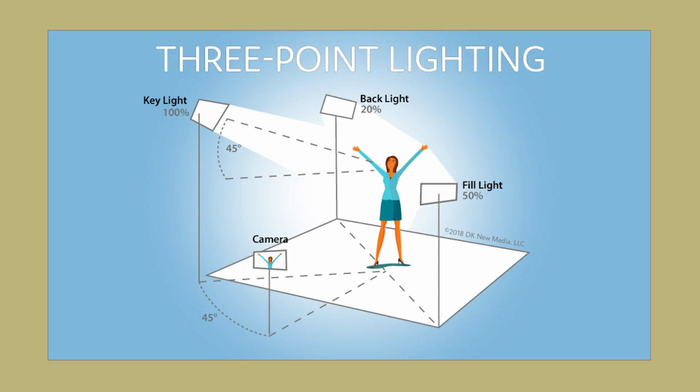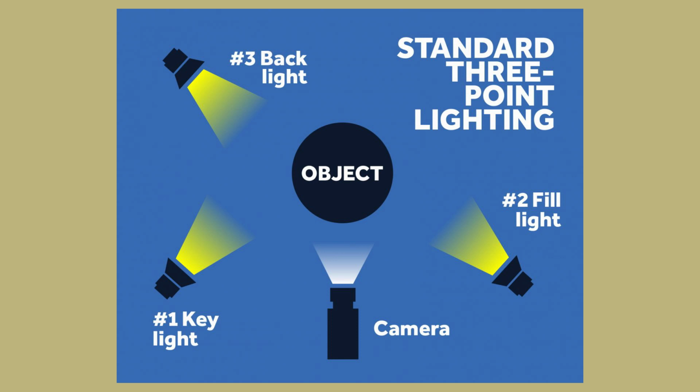This is a diagram here of 3-point lighting. The main light is called the key light, which is diagonal to the broad side, or the side that you want to highlight, of the subject. Then the fill light is on the other side, and it's going to be a lot softer, usually a lower, not as bright light.